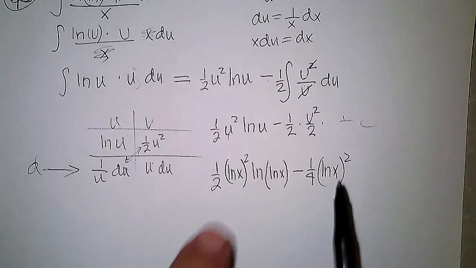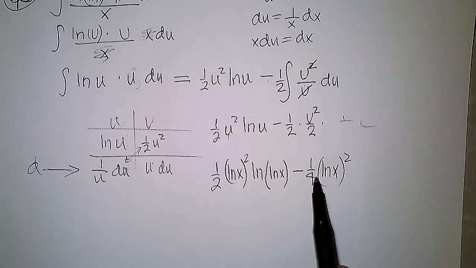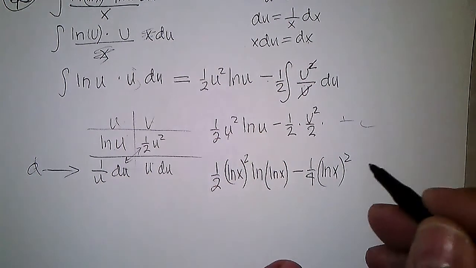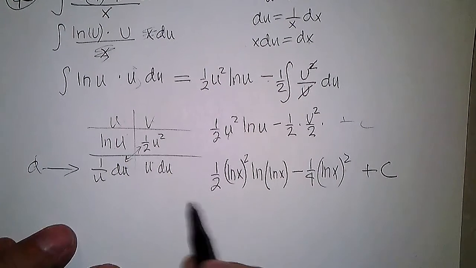So we could actually factor out 1/2 ln x. That would leave a 2 here, but that's probably what they did in the book, but we're not going to worry about that. Plus c.